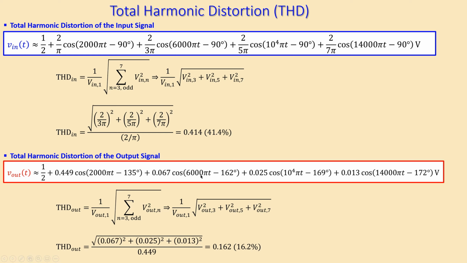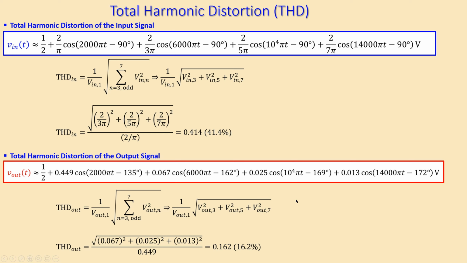If you do the math, just using these three values for the harmonics and then dividing by the first harmonic amplitude, you will have 0.162, so it is actually 16.2%. You can see that the decrease is definitely in place here. By using a low pass filter, you can decrease your THD, your total harmonic distortion, in this fashion. This is what we also will verify in our simulations.